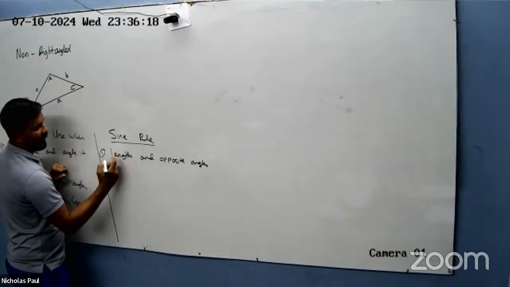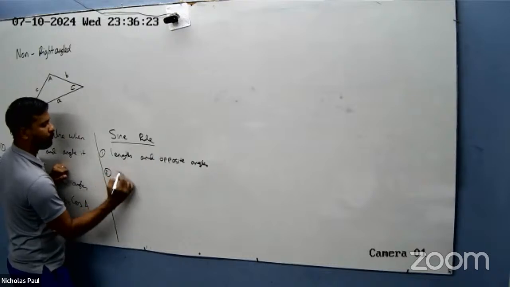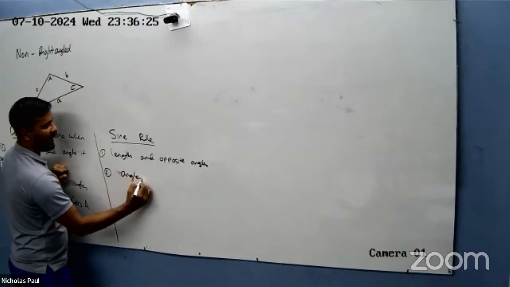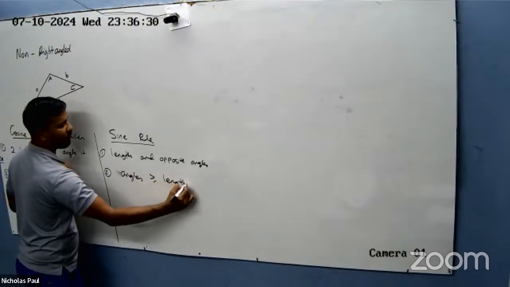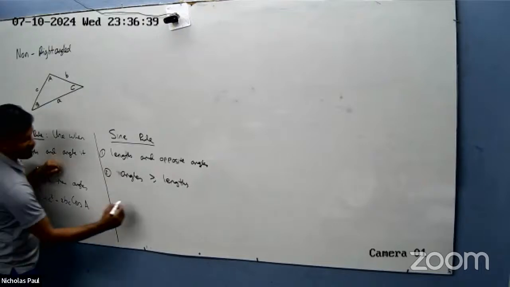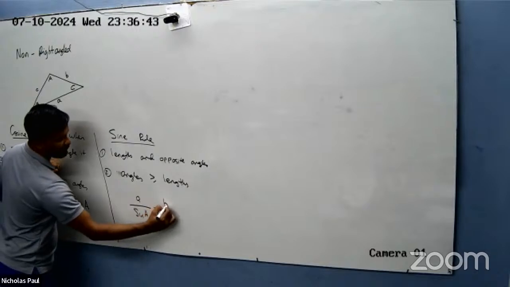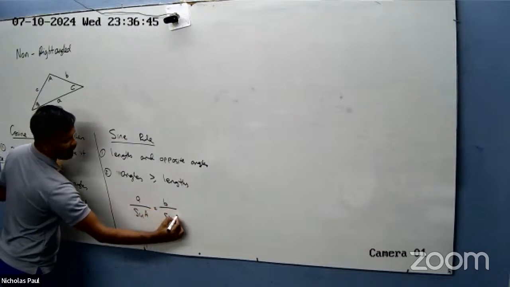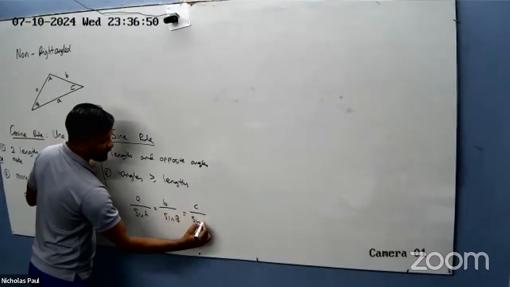You use sine rule, or if the number of angles is more than or equal to the number of lengths. Sine rule is more with angles, cosine rule is more with lengths. And the sine rule looks like this: a over sine A is b over sine B, or it could be c over sine C.